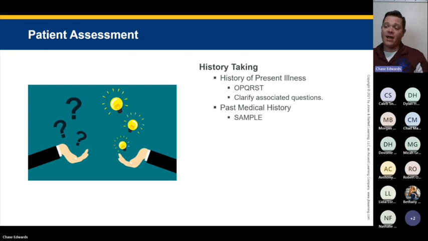I'm thinking DKA, right? So I know that this patient should be on some type of medication for it. So I'm going to ask for clarifying questions. I'm going to ask, hey, have you taken your insulin today? And that patient would tell you at that time, I missed my dose yesterday.